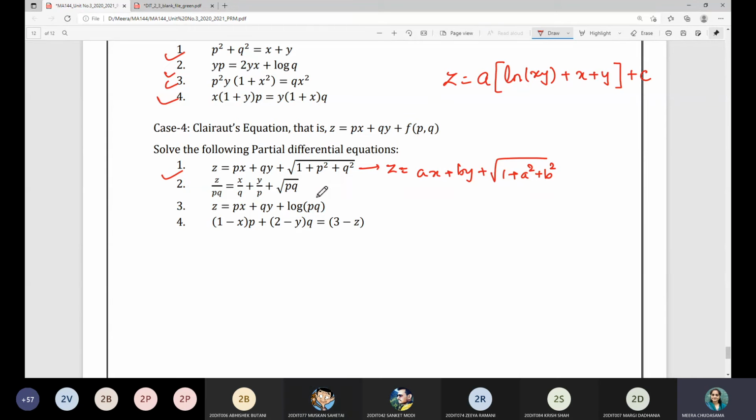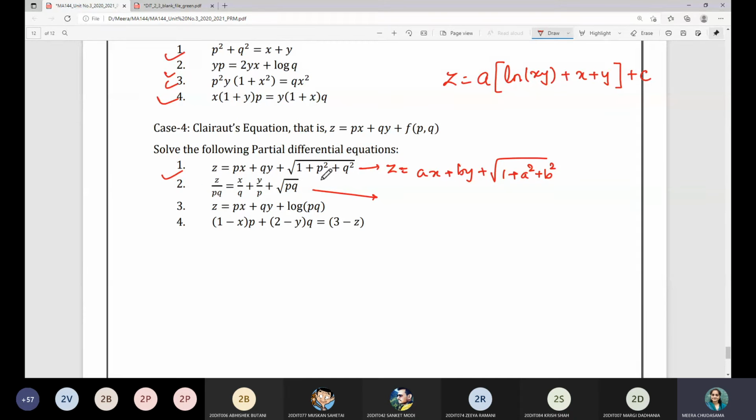What to do with this one? Second one. You have to multiply the entire expression with pq, right?